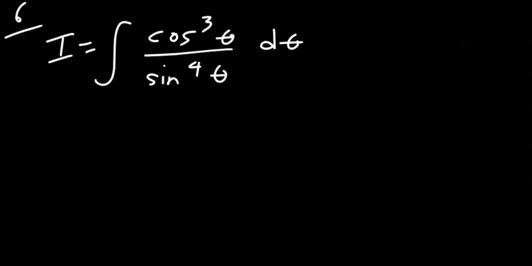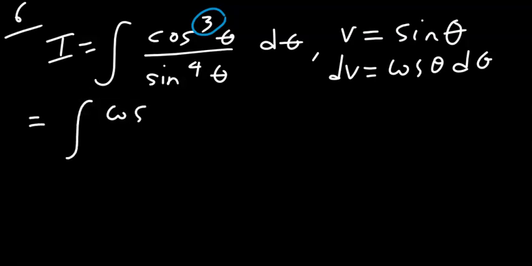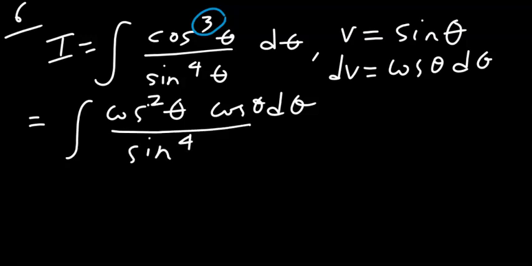And that's the result. Now let's look at this integral. Now, the numerator is cosine, and the power of that cosine is 3, which is odd. So the substitution that we can try is v equals sine theta, and dv is cosine theta d theta. Now rewriting the above integral a little bit as cosine squared theta times cosine theta d theta over sine to the power of 4 theta, and remembering the fact that cosine squared theta in terms of v is just 1 minus v squared.